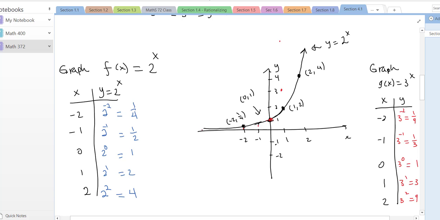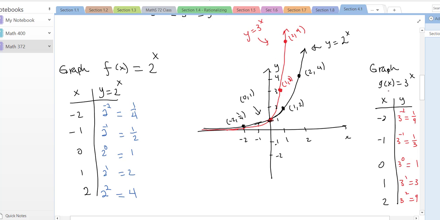And so for negative numbers, we're going to be below 2 to the x. And for the positive numbers, we're going to start increasing really fast. So this will be the graph of our exponential 3 to the x. So this will be y equals 3 to the x.